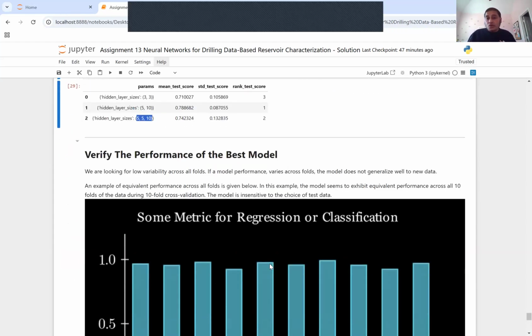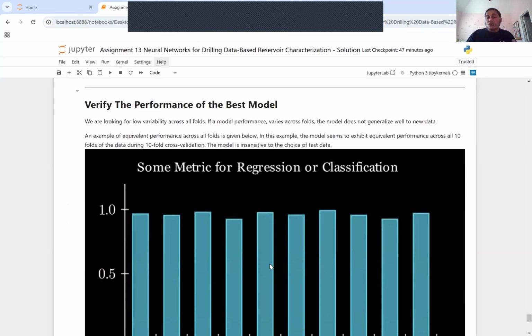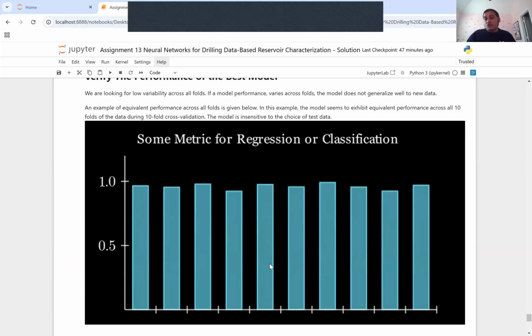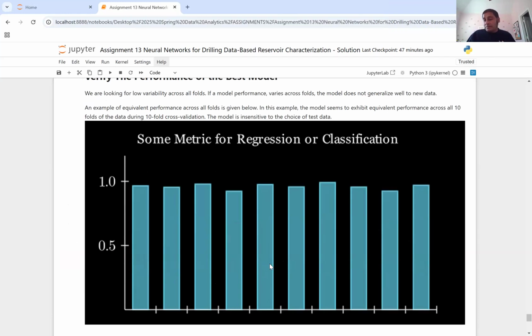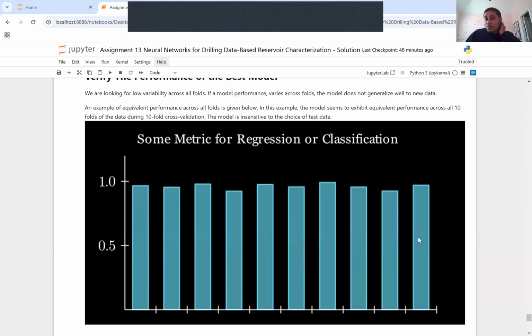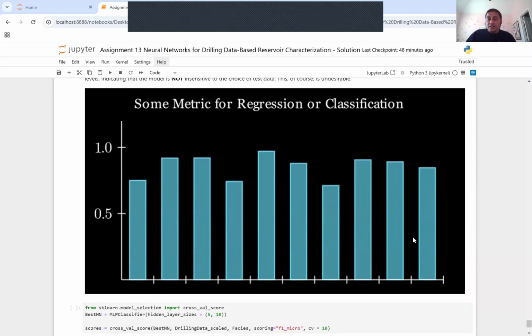We again just want to verify that the best model is indeed the best model and does well across all of the 10 folds. So we're going to evaluate this model on my data set and check and see that whichever metric I'm choosing for evaluation, which happens to be the F1 score in this case, is equivalent across all of the 10 folds, as opposed to a model that behaves something like what we're seeing in this figure over here, where the performance varies quite a bit across each one of the 10 folds.